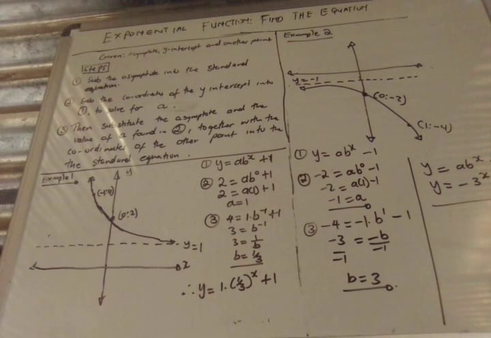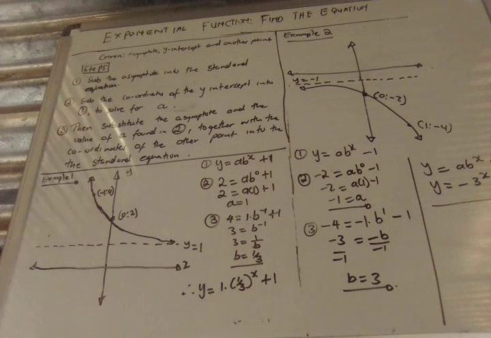The first step is to sub the asymptote into the standard equation. From there, you sub the coordinates of the y-intercept into the standard equation that you have already subbed the asymptote into, in order to solve for a.